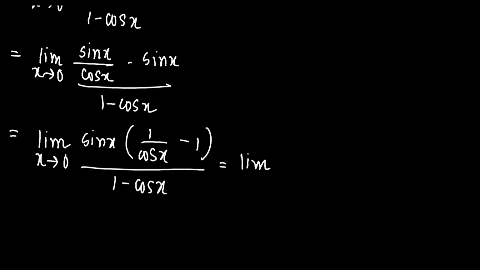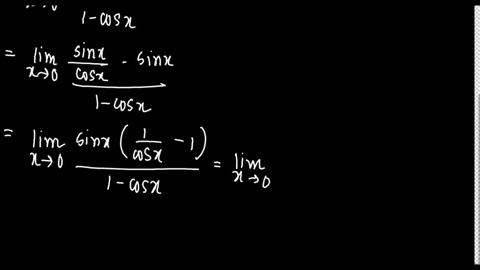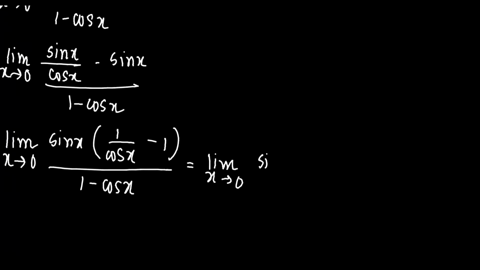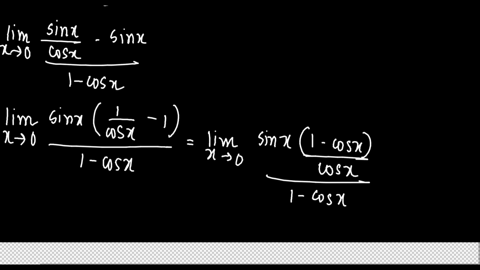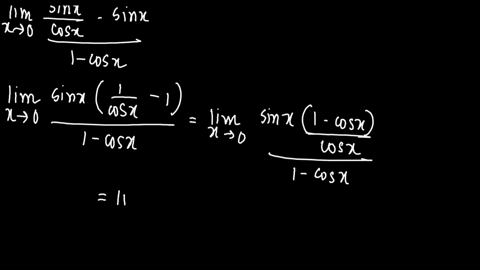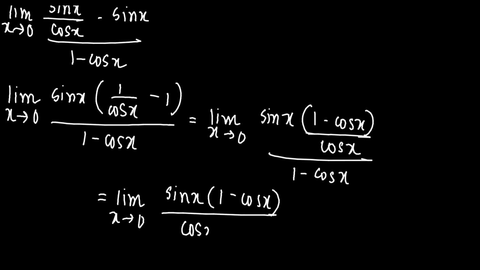So it is the limit x tends to 0, if we take cos x as LCM, of sin x into 1 minus cos x by cos x, and we have 1 minus cos x in the denominator. Now this can be written like this: limit x tends to 0 of sin x into 1 minus cos x by cos x into 1 minus cos x.